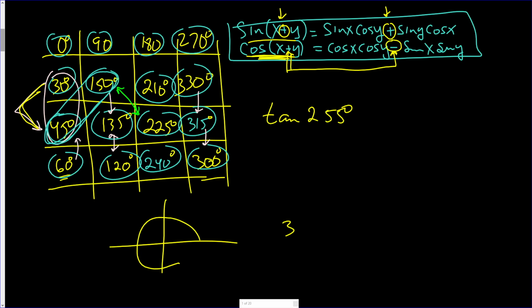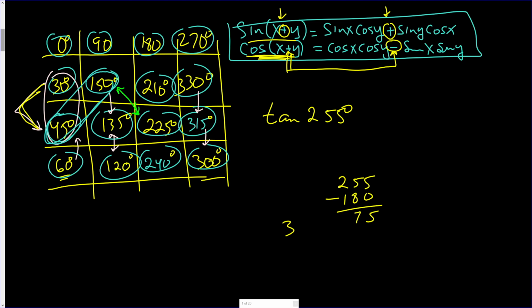It's 180, 225, I meant to say 255. It is 75 more than 180. Well, that's a problem because you go 180 and 75 more. Well, that means that angle is 15.